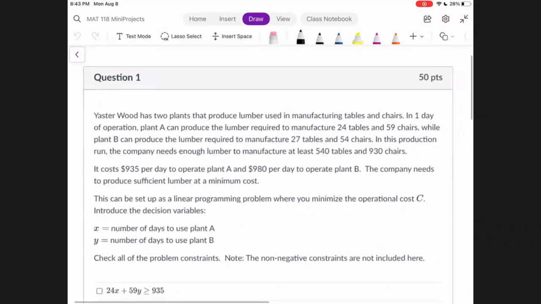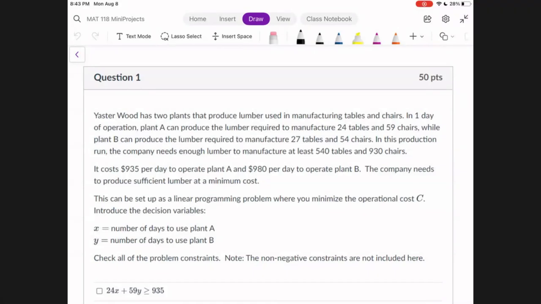So first question. This company has two plants that produce lumber used in manufacturing tables and chairs. In 1 day of operation, plant A can produce lumber required to manufacture 24 tables and 59 chairs, while B can produce lumber required to manufacture 27 tables and 54 chairs.